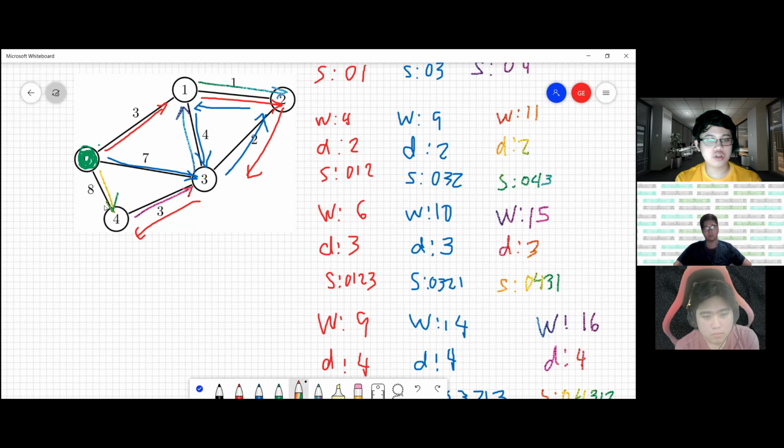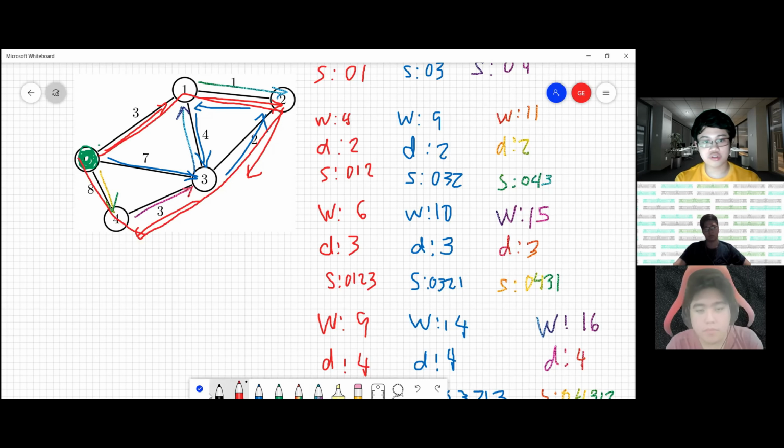So since our red information has already traversed all the nodes, it will be the first one to go back to the starting point. So actually, the winner here is the red information.